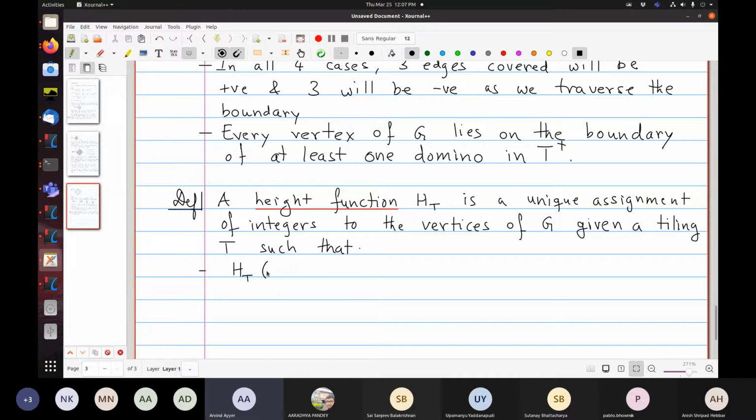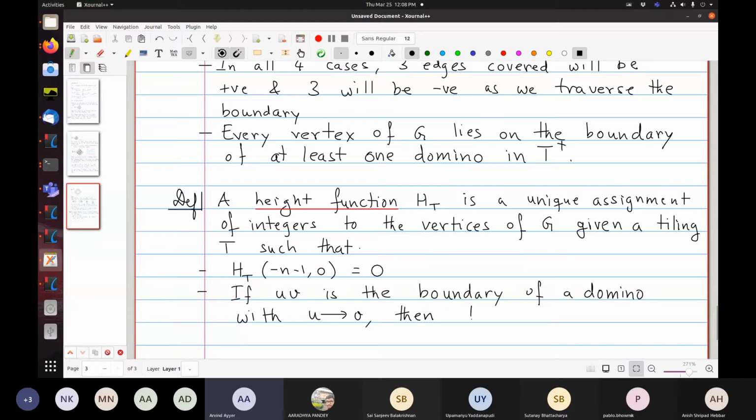First is ht of (minus n minus 1, 0) is 0, and if uv is the boundary of a domino, with u going to v, then ht of v is ht of u plus v.